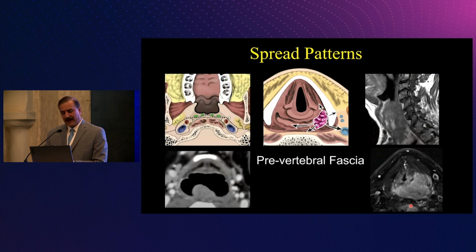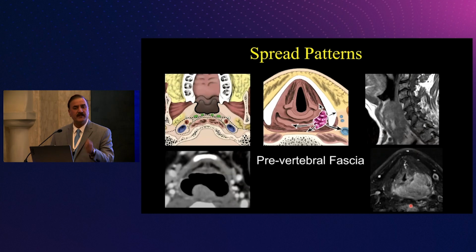And the other reason why I say that is that if you're making that undercall, you're not completely sure about this, they will go in, they will operate on the patient, and a good surgeon will always tug on that prevertebral fascia when they are in the operating room. If the fascia is fixed, it's involved.